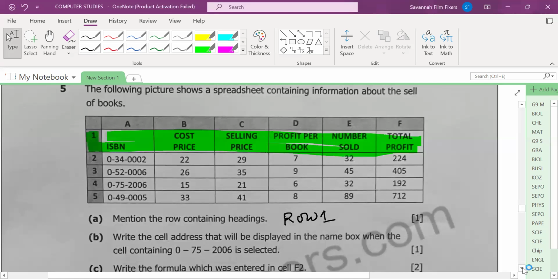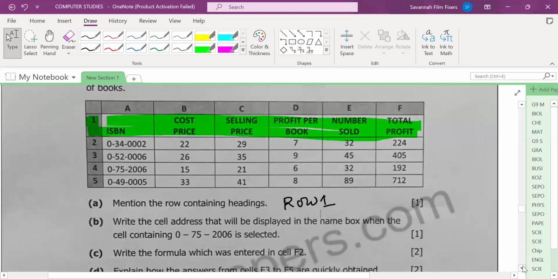Write the cell address that will be displayed in the name box when the cell containing 0752006 is selected. So what am I clicking here?